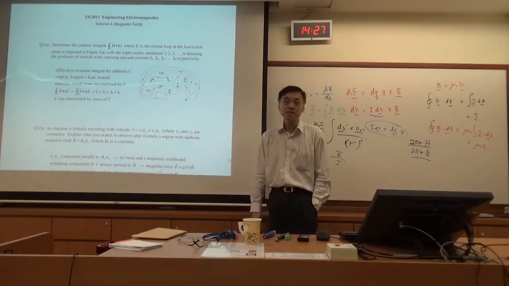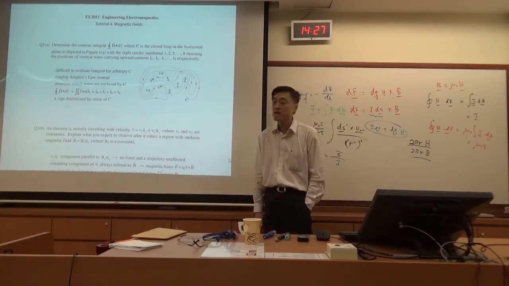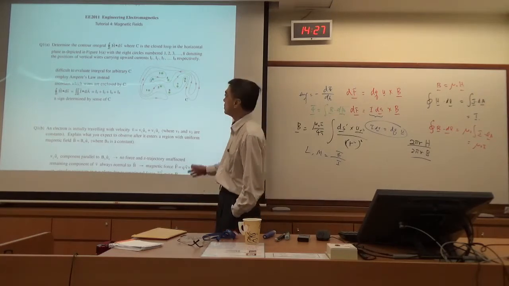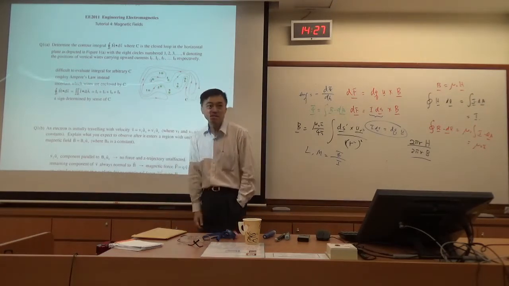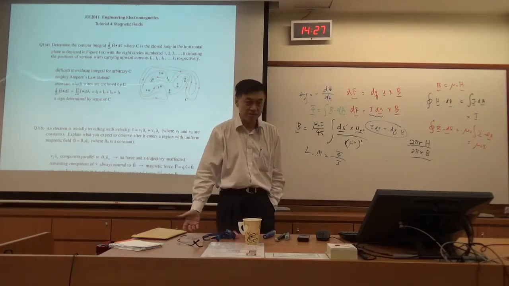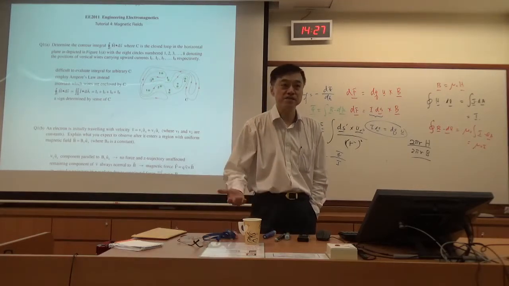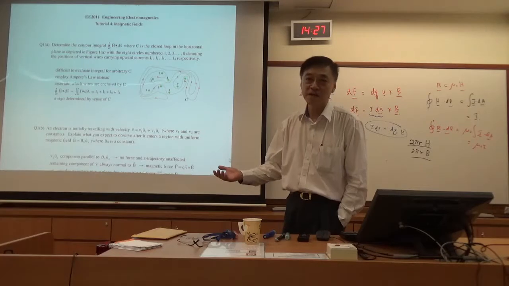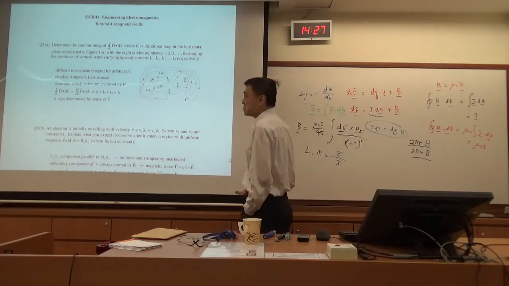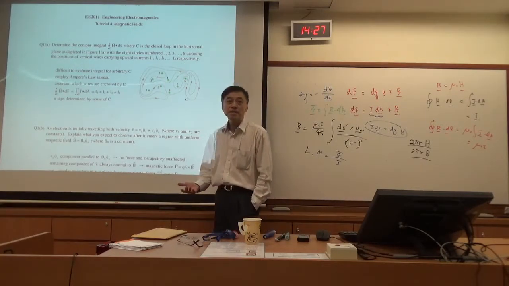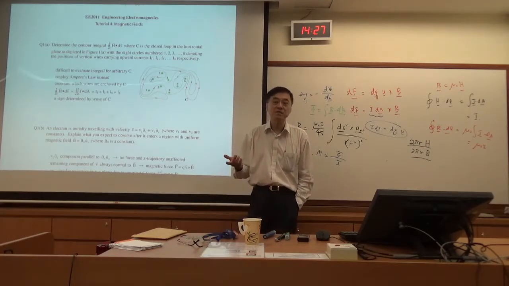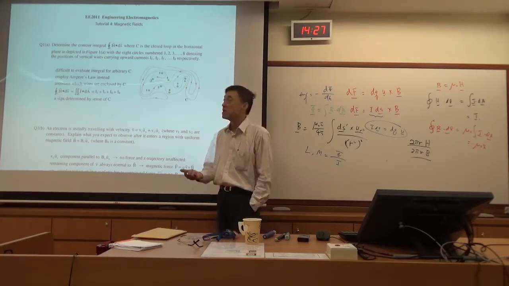Now the answer is pretty straightforward. If you really want to evaluate H dot ds, it's very difficult because you don't know H, and the path s is so funny. How to integrate over it? So you use Ampere's law, saying that H dot ds is equal to the current enclosed.